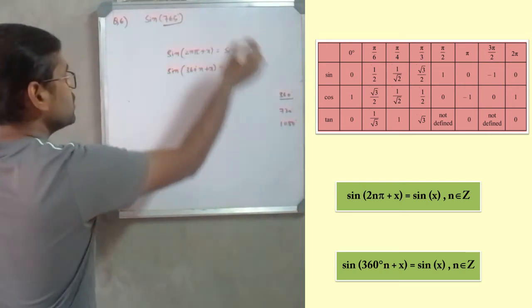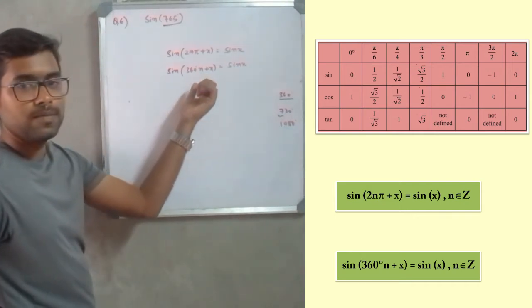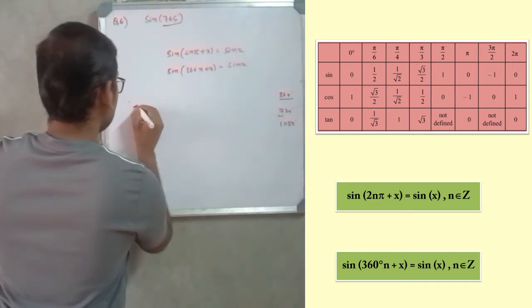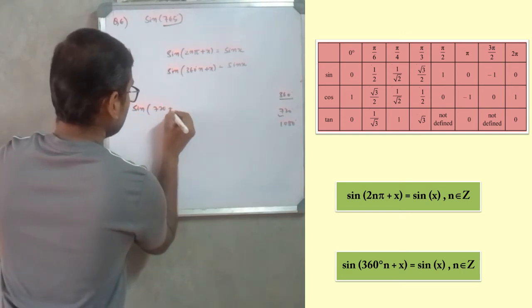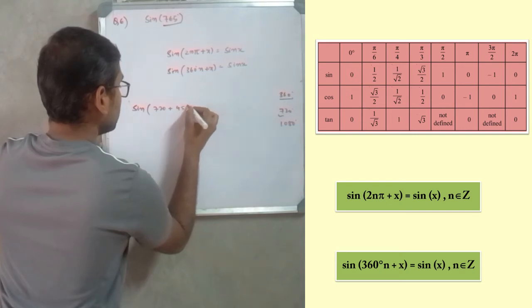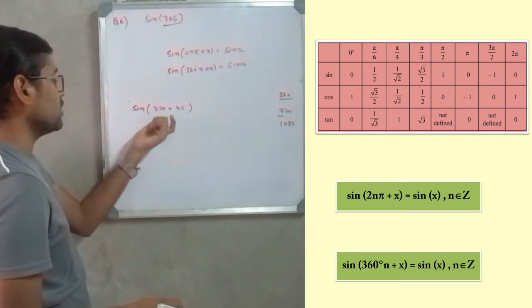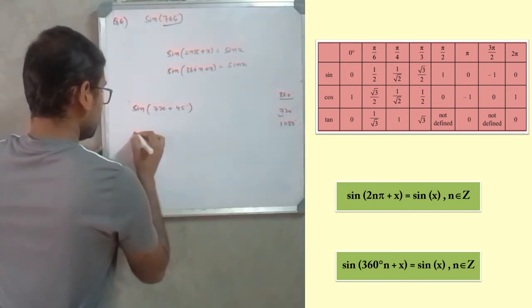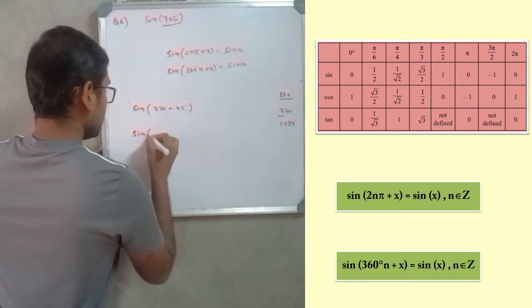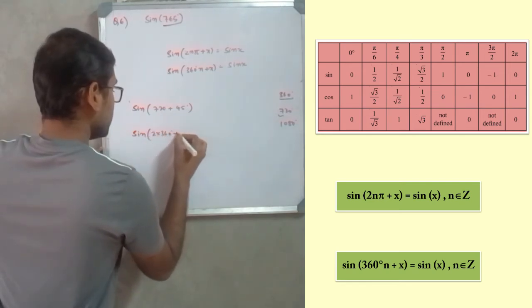Now this angle here is very close to this integral multiple of 360 degree. So in that case, I will write sin 765 as 720 plus 45 degree. Sin 765 I have written it as 720 plus 45 degree. Now this here can be written as 2 into 360 degree plus 45.